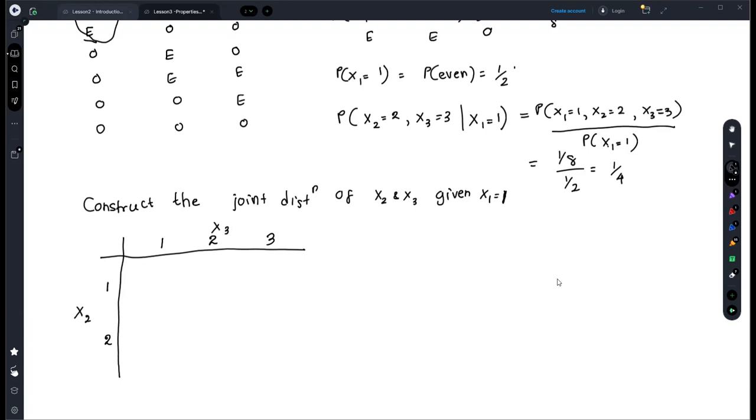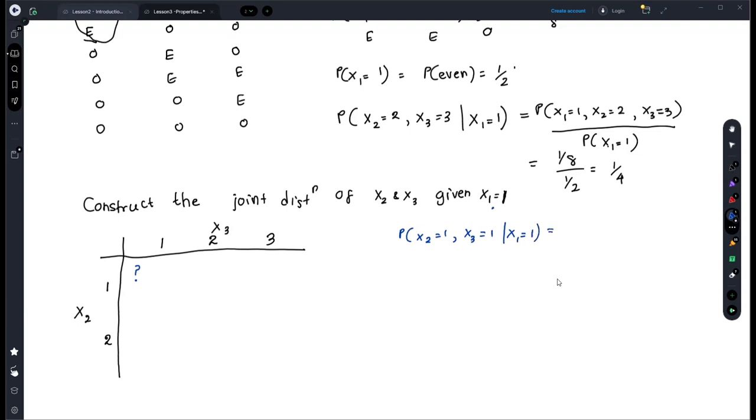Right now, can you try to fill these probabilities? What is the first one? This one. Can you find this one? How do you write it? Probability x2 equals 1 and x3 equals 1 given x1 equals 1.